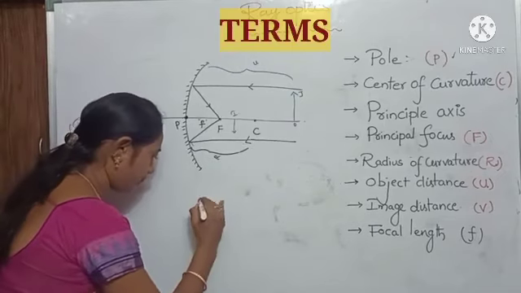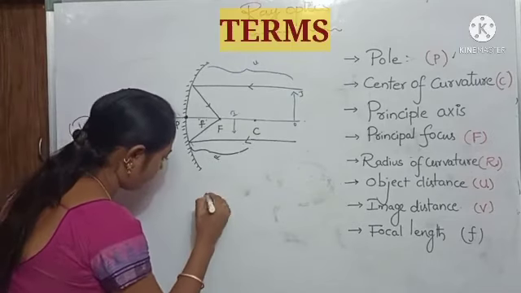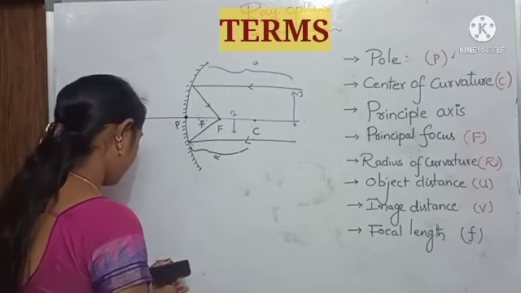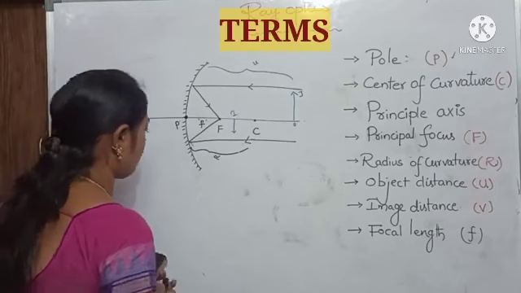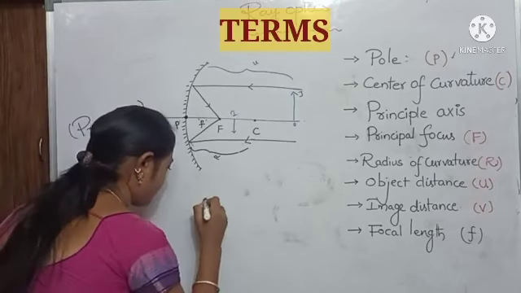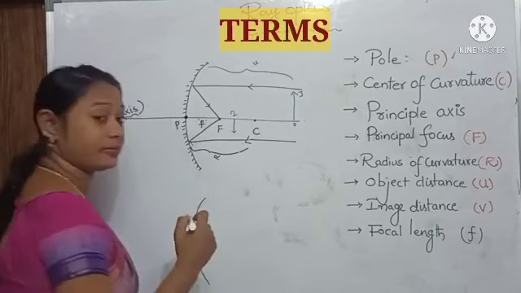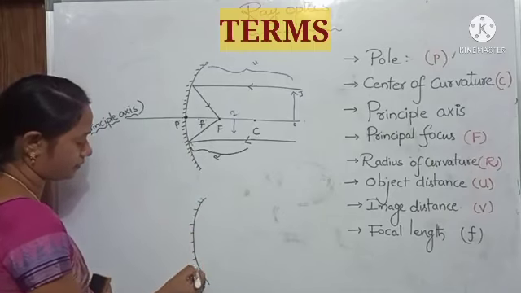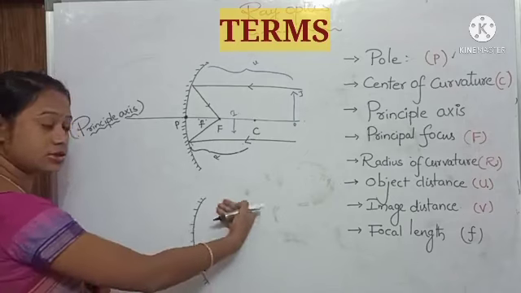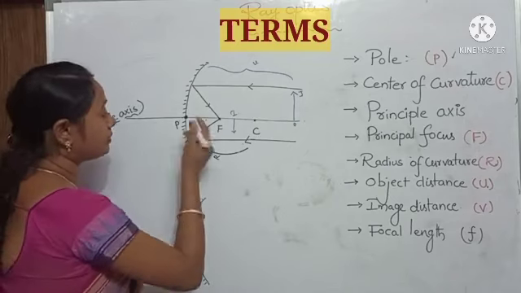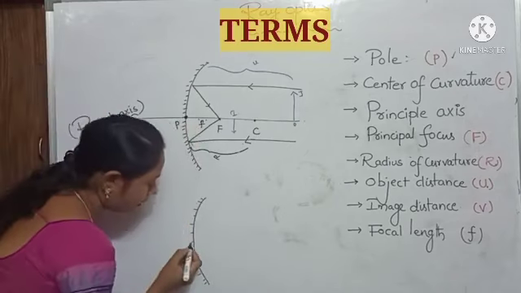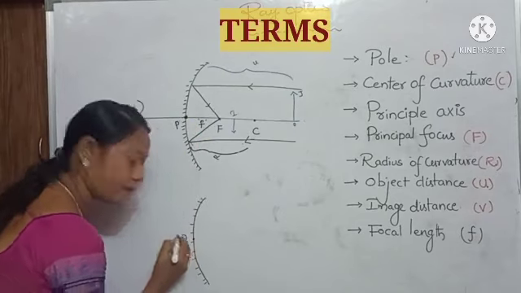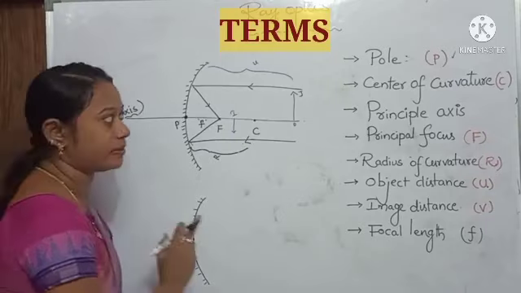If we take a concave mirror, it is coated outside and curved inside. In a concave mirror, the center of the mirror is known as the pole. It is represented by P.